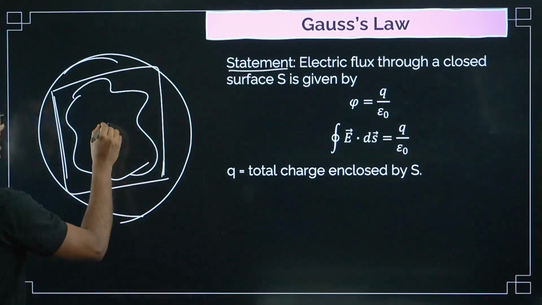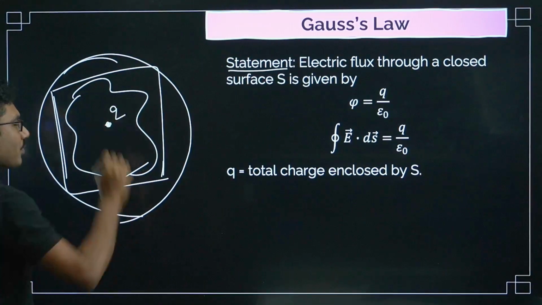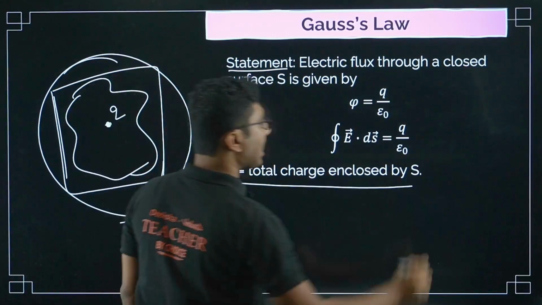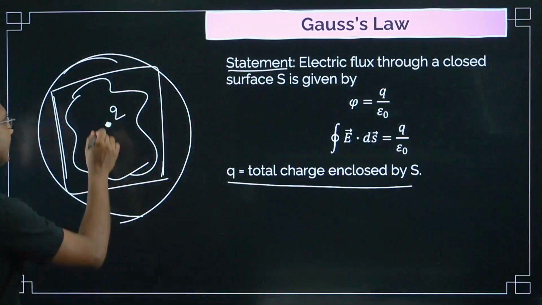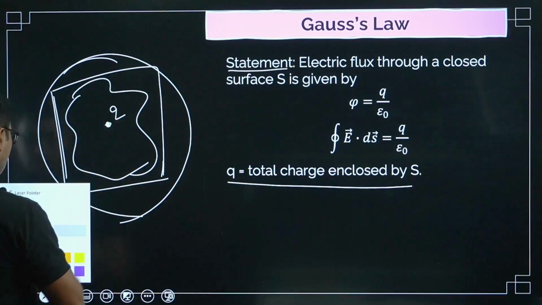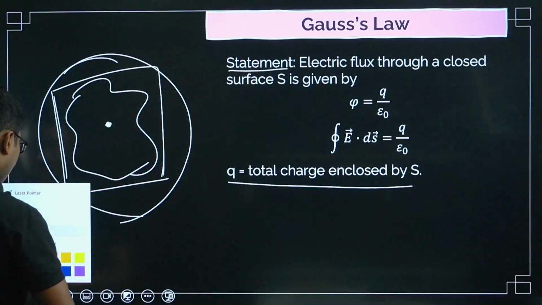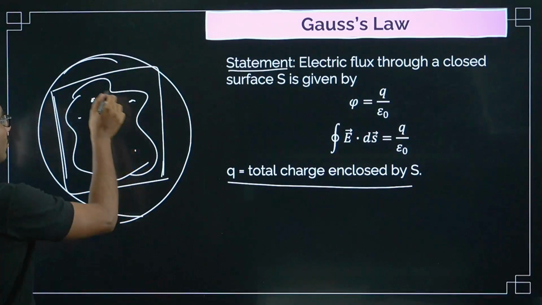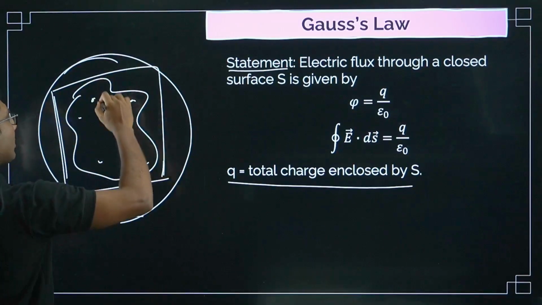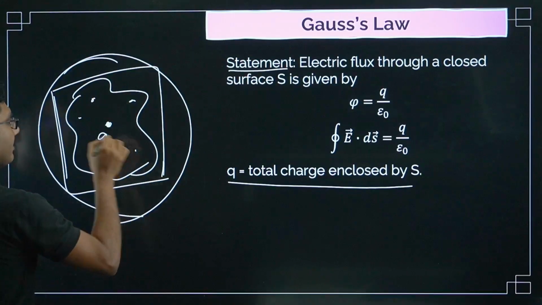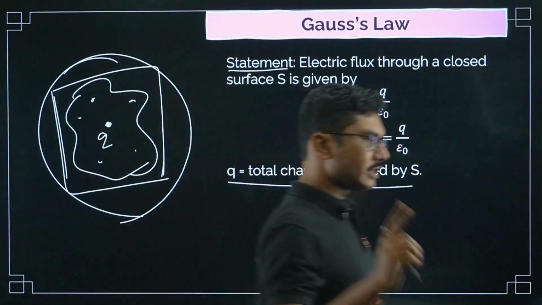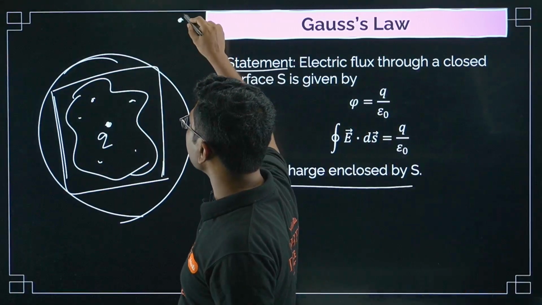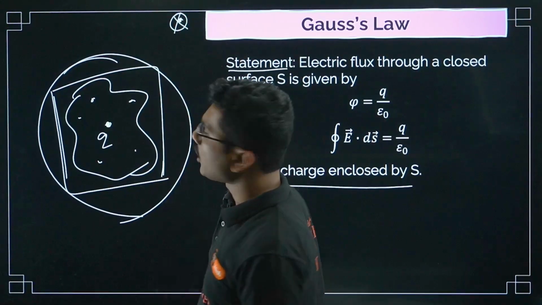So if you have a charge, say Q, inside the surface, what is Q here? Q is the total charge enclosed by the surface. This can be one single charge, or it can be multiple charges, but the total charge combined should be given by Q. Any charge outside the Gaussian surface we will not consider.